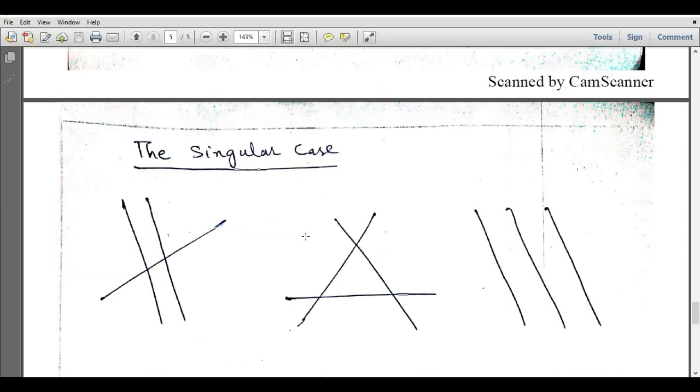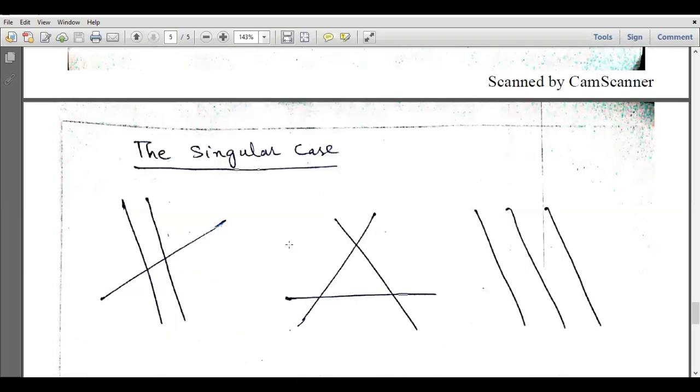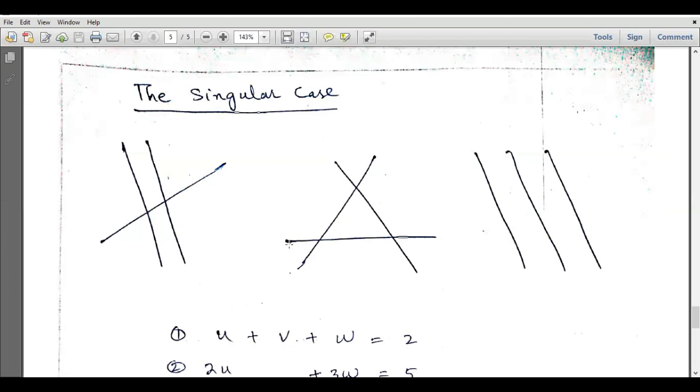So in the three variable case, when we have three variables, there will be three equations, and we can also define the case of singularity, right? When we have three equations, there will actually be three planes, and the single common point of intersection of all the three planes will give us the solution.